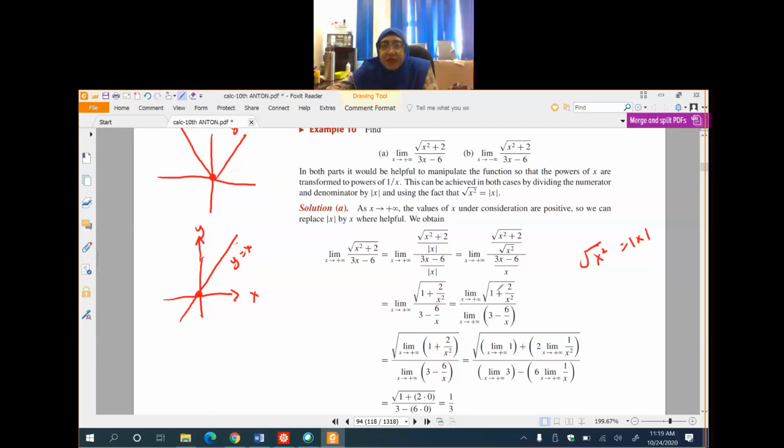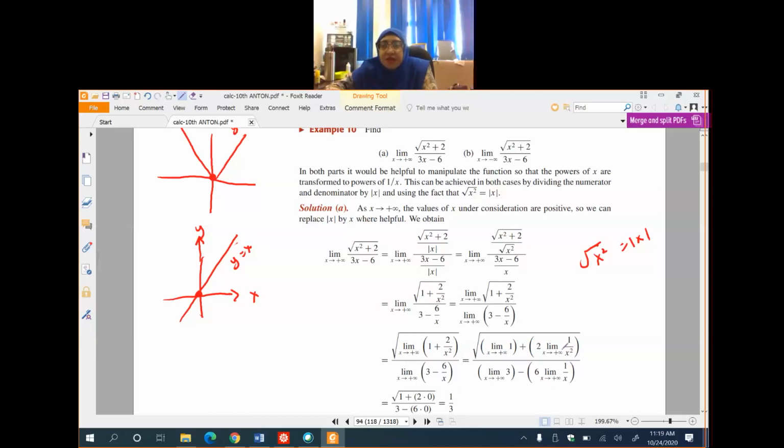For the numerator, the limit can be moved inside the radical sign. After that, you segregate so that the limit acts on each expression: limit of 1 and limit of 2 over x squared.